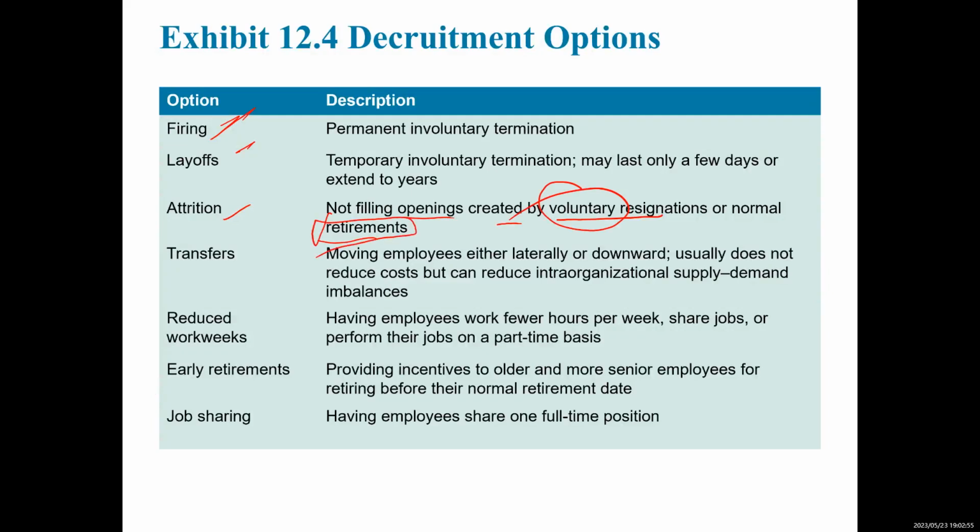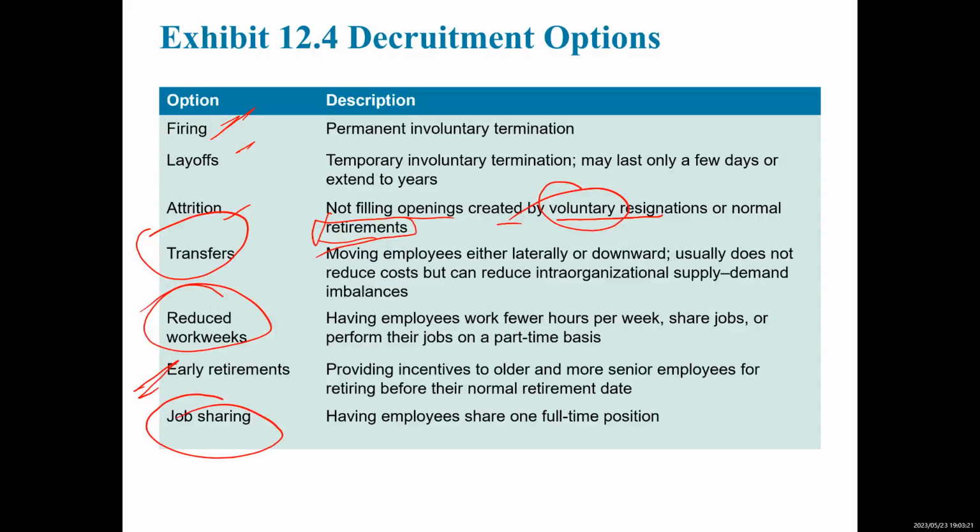After 6 months or 1 year, we are going to retire you, but then this benefit is going to be gone. You transfer them to other understaffed departments. You reduce work weeks or shifts. Give them early retirements and also job sharing.